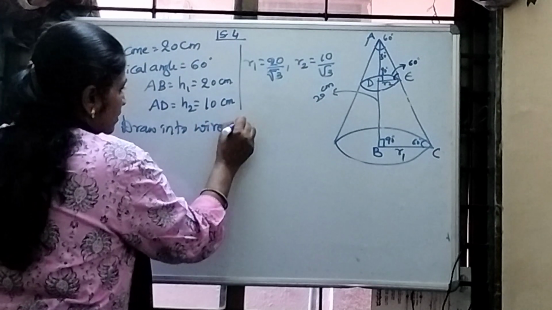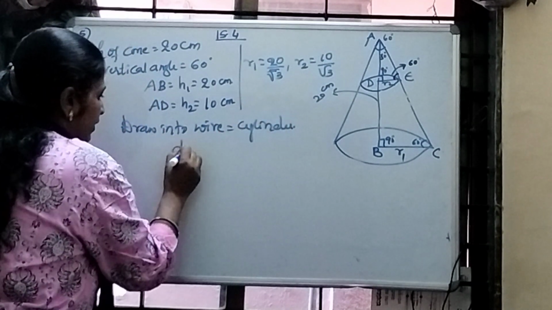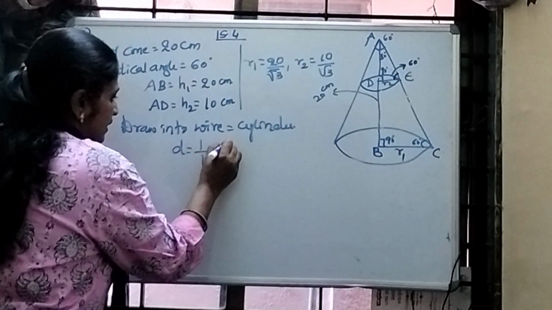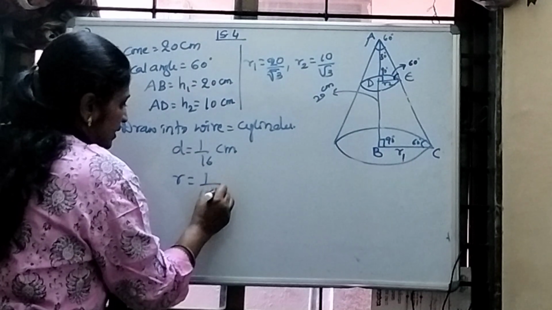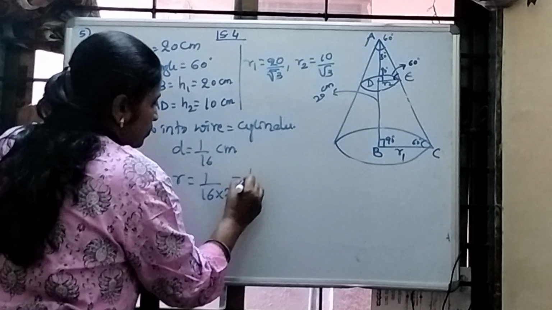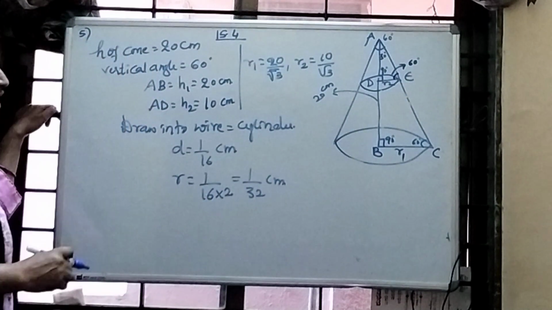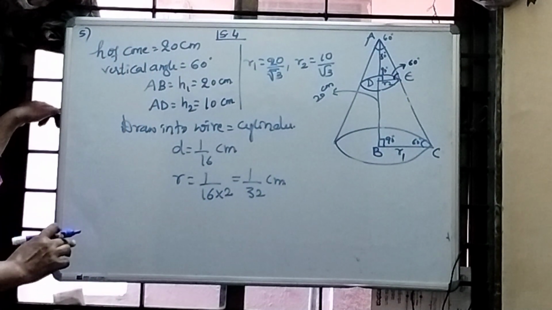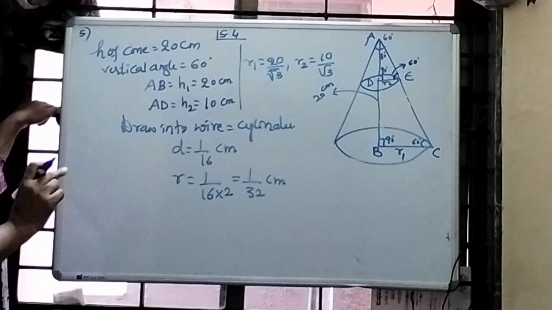Wire means it is a cylinder. Its diameter they have given as 1 by 16 centimeters, so the radius becomes 1 by 16 into 2, that is 1 by 32 centimeters. If it is drawn into a wire, then find the length of the cylinder, that means the height of the cylinder.